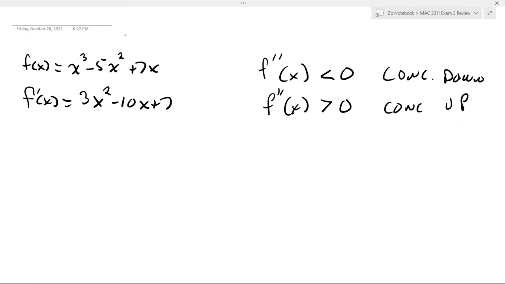And to remind you why this is, remember that the second derivative is talking about how the first derivative is changing. The first derivative is the slope of the tangent line at any point on a function. And if I draw a bunch of tangent lines on a function, let's say we have a function that looks like this, as we're going from left to right, the slope of the tangent lines is indicated by the first derivative.